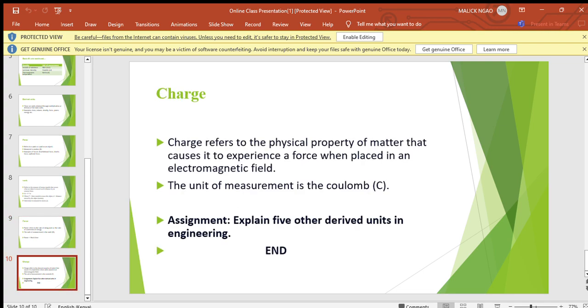Another derived unit we are going to handle today is the charge. Remember, we learned about charge during our last lesson, and we defined charge. How did we define charge, Joseph?